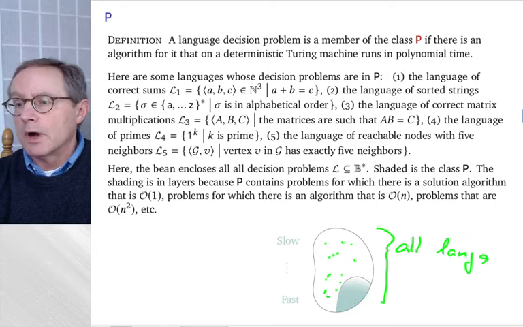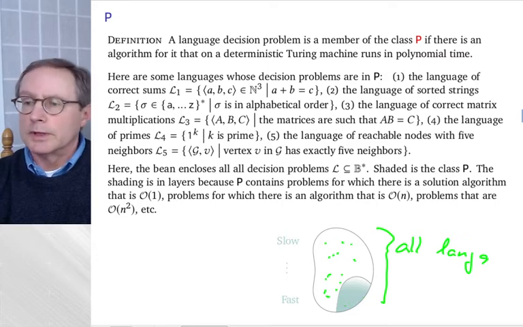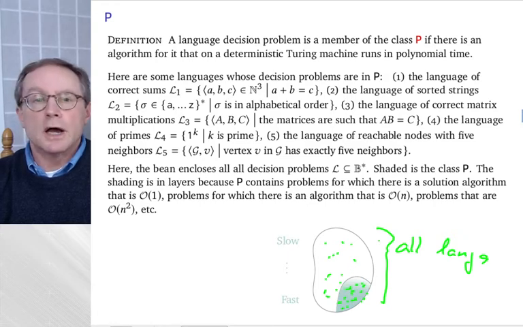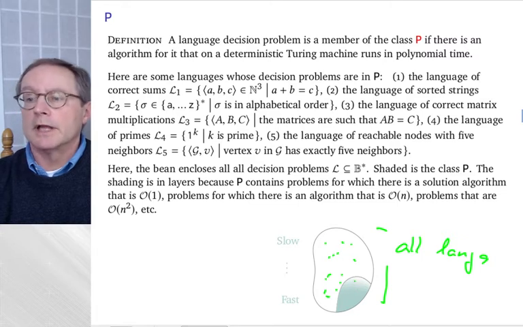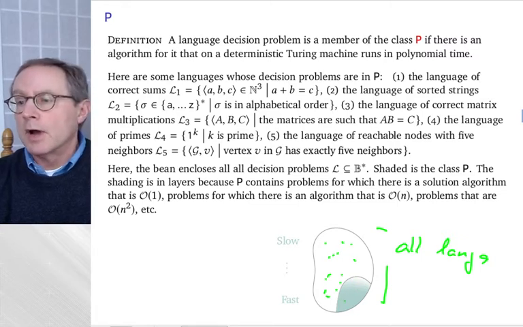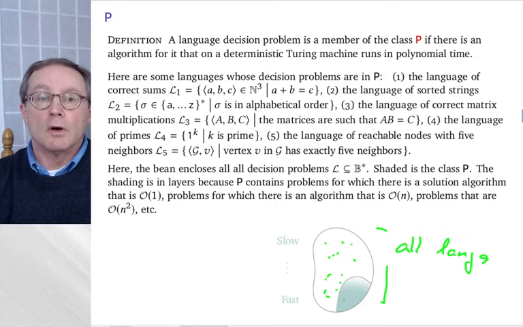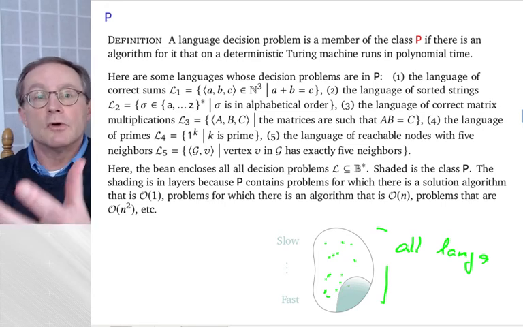And what I've drawn here, and you can only do so much with a sketch, these are all the problems whose solution time, where there is an algorithm for them, is polynomial. You notice that there's some shading here, darker to lighter, and that's just simply trying to convey that you have problems that are big O of n, big O of n squared, big O of n cubed, big O of n to the fourth, etc. And so it kind of fades off into the distance.